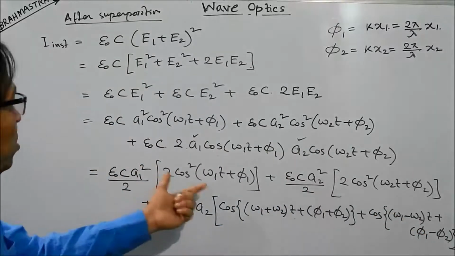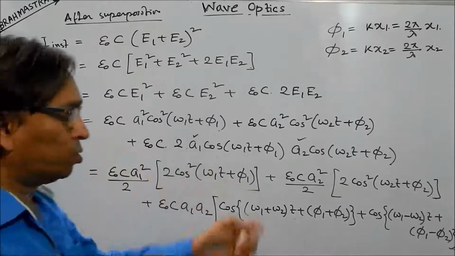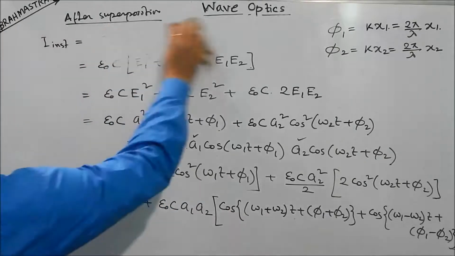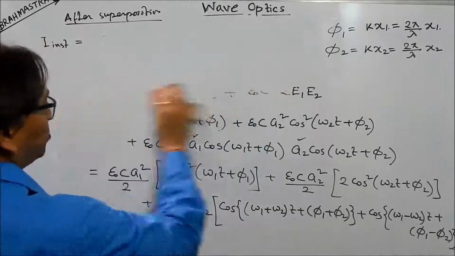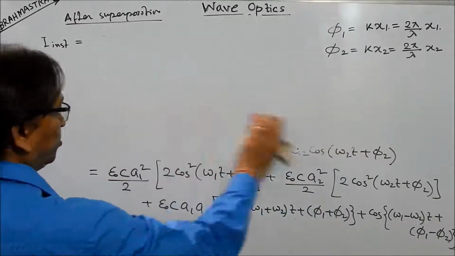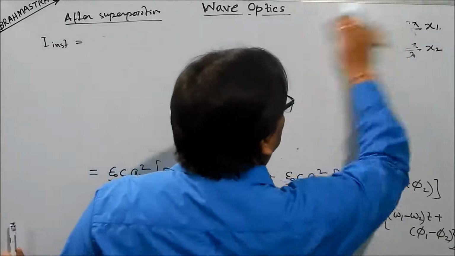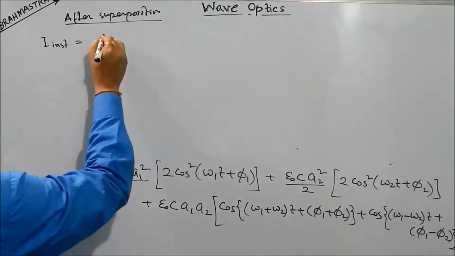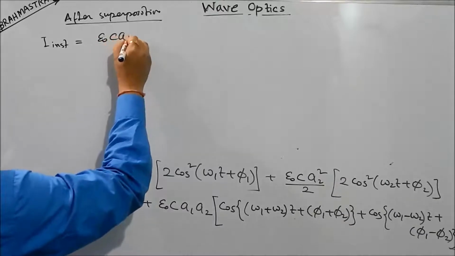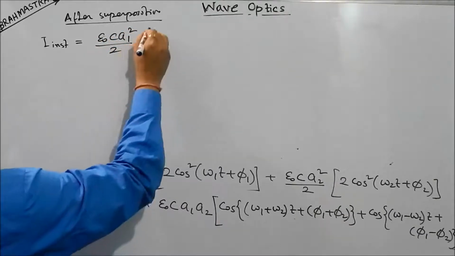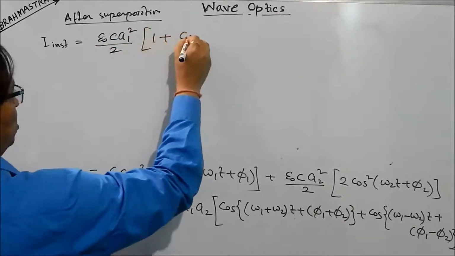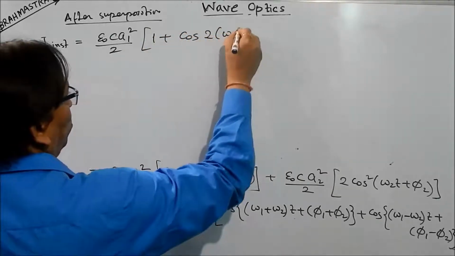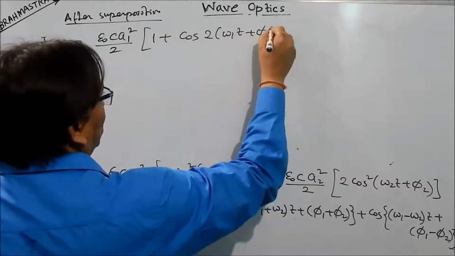Now I am writing over it. Now 2 cos square theta, I am using this formula: 2 cos square theta is 1 plus cos 2 theta. So this instantaneous value will be epsilon naught C A1 square by 2 times (1 plus cos 2 (omega 1 t plus phi 1)).